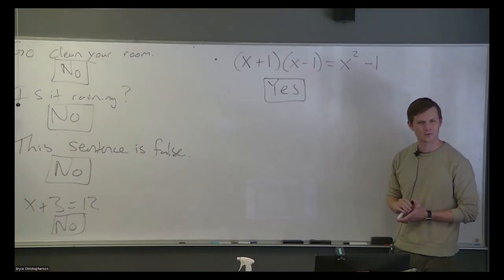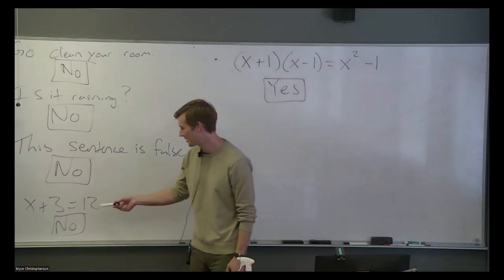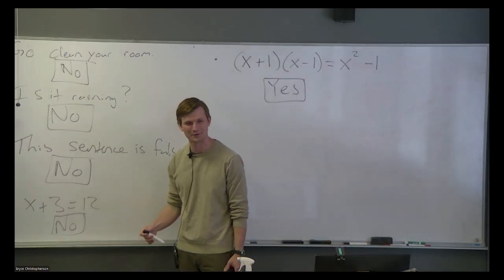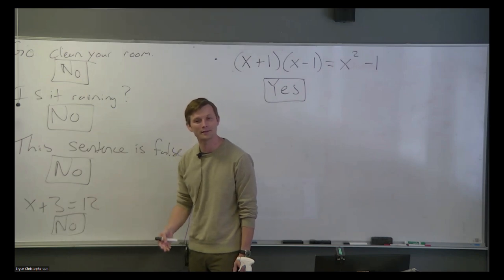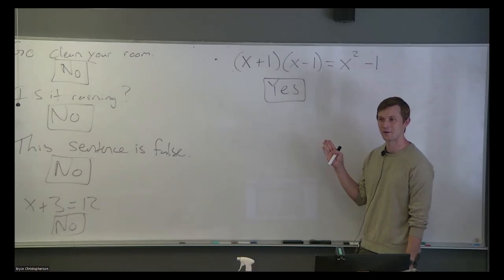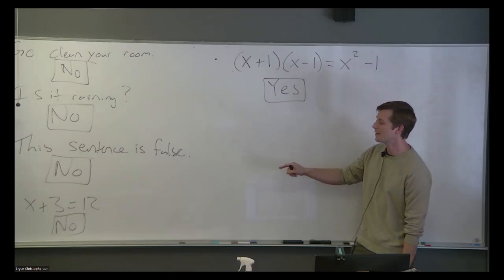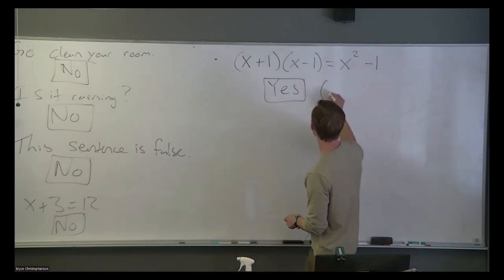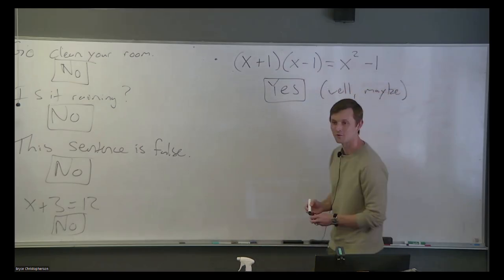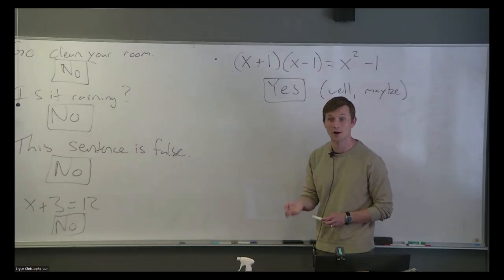Wait a second. Can't I do something like x plus 3 minus 12 equals 0? The point is that this is a statement about polynomials. Statements involving variables are potentially trickier because you have to be clear about what you're talking about.